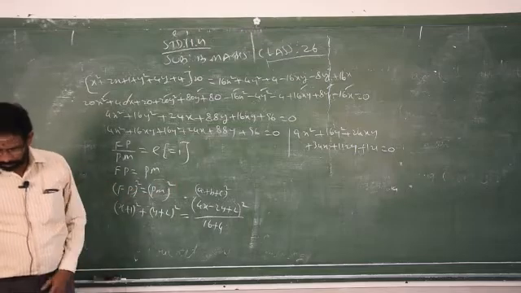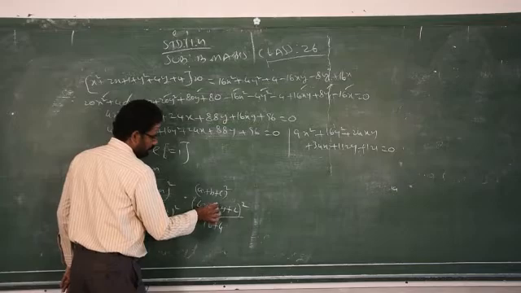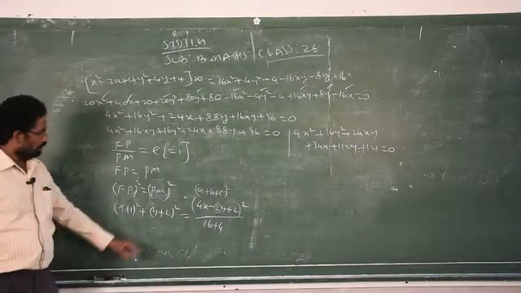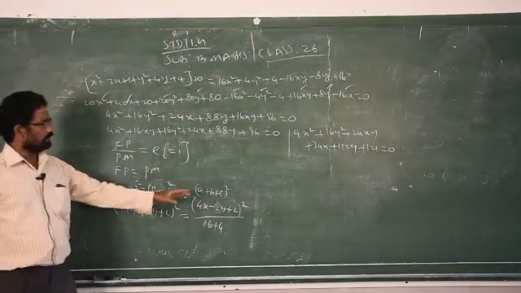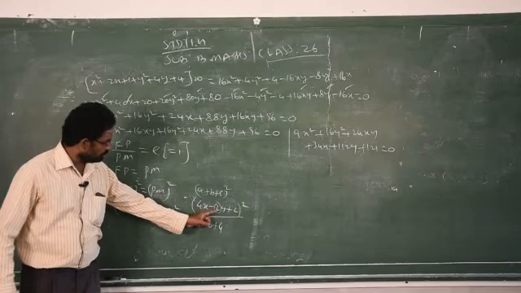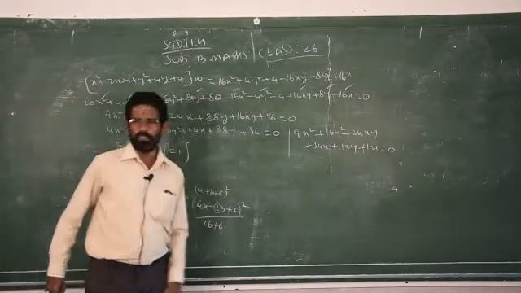So this is correct, but instead of that, what is it? Here I changed the number to 2. So everything is correct, but at home you please replace this 2 by 3, then you can proceed as it is, you will get the book answers.